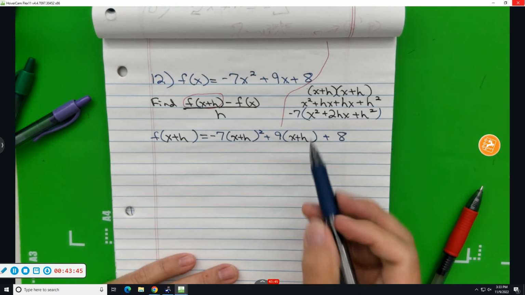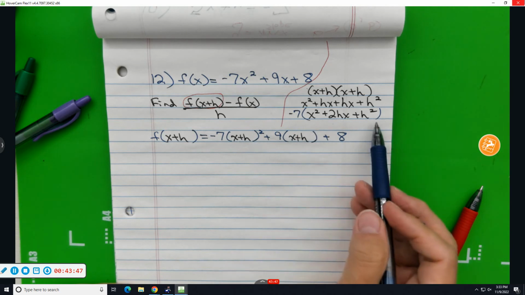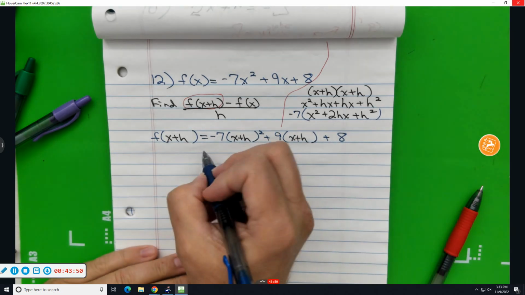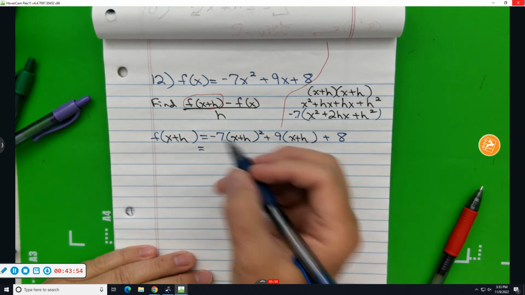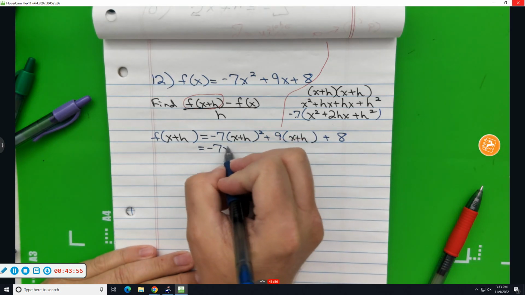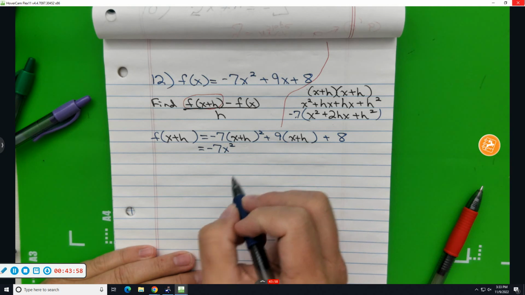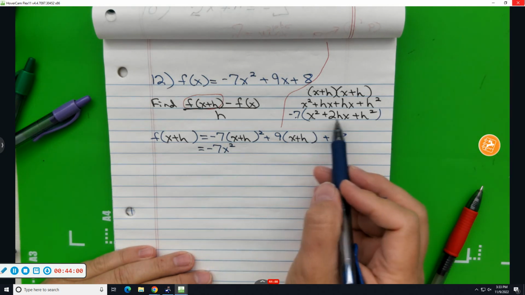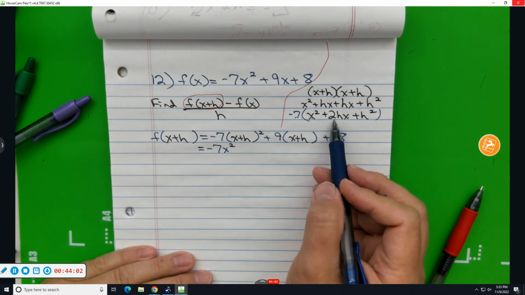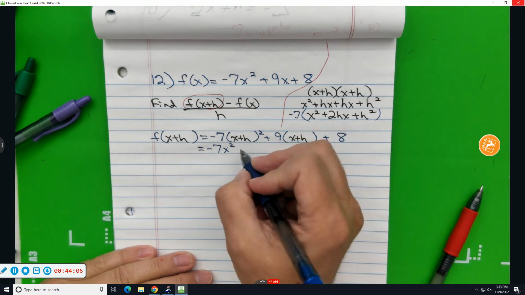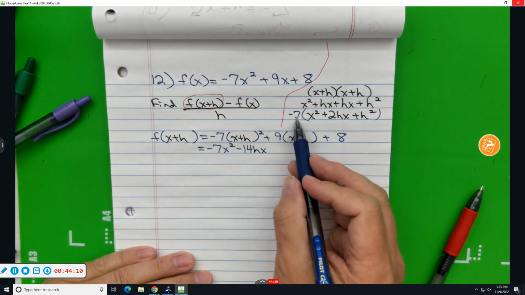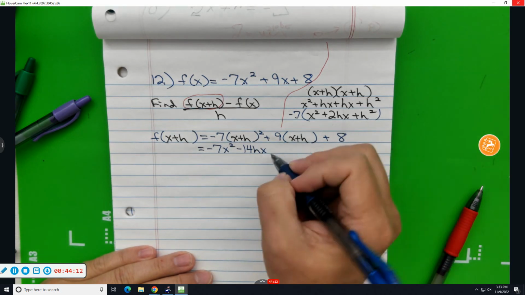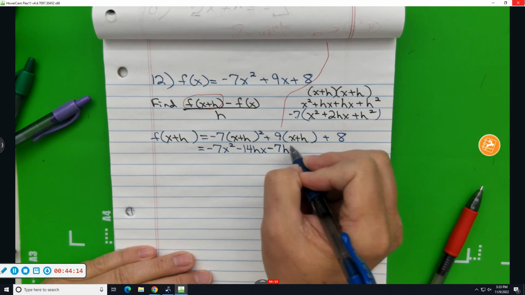That means we're going to have to distribute negative 7 over all of that. So start calling it out. What are we going to have? Negative 7 times x squared is negative 7x squared. Negative 7 times a positive 2hx. Negative 7 times positive 2, a minus 14hx, right? Negative 7 times h squared is a negative 7h squared.